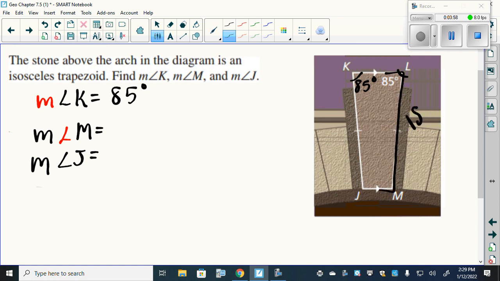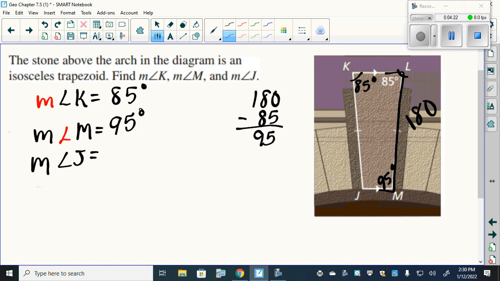Add together to be 180 degrees. 180 minus 85 would be 95. So the measure of angle M is 95 degrees.